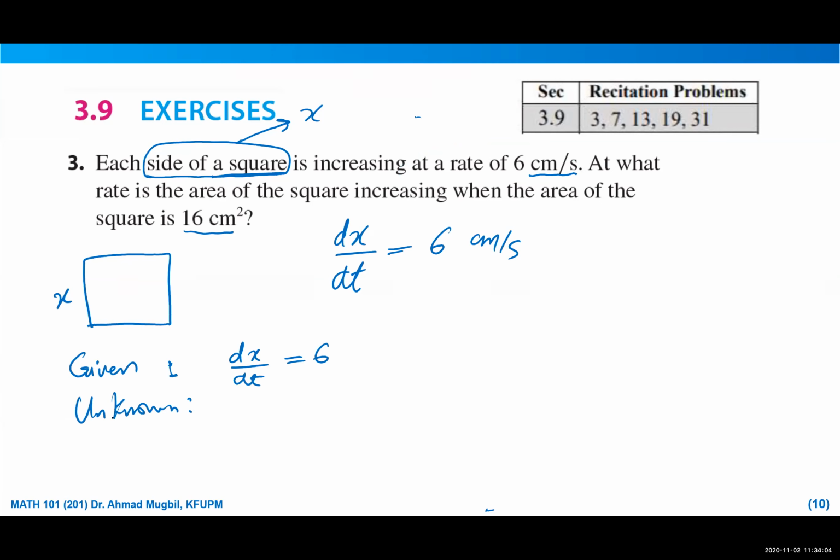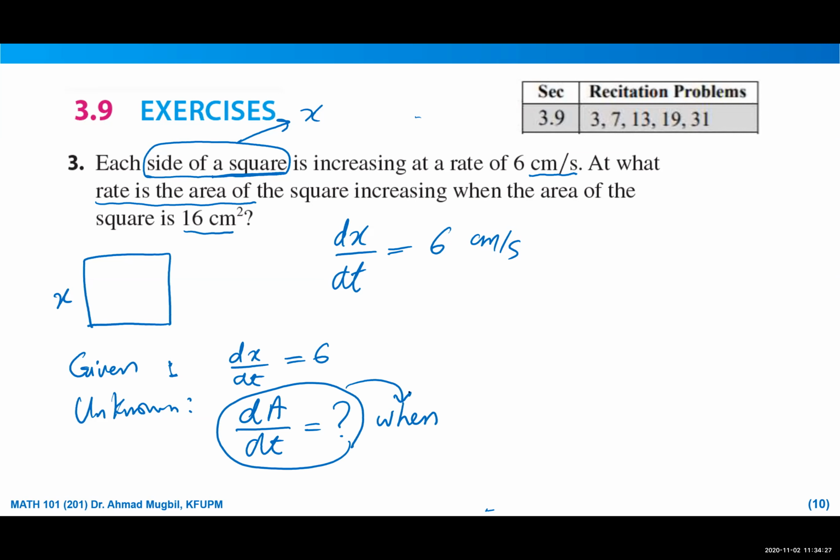What is required, ya shabab? What we need to find? What is the unknown? The rate of the area. So what we want to find is the rate of the area, dA dt. When? It should be specific, shabab. They will not ask you just about this. They will ask you about this when other data are given.